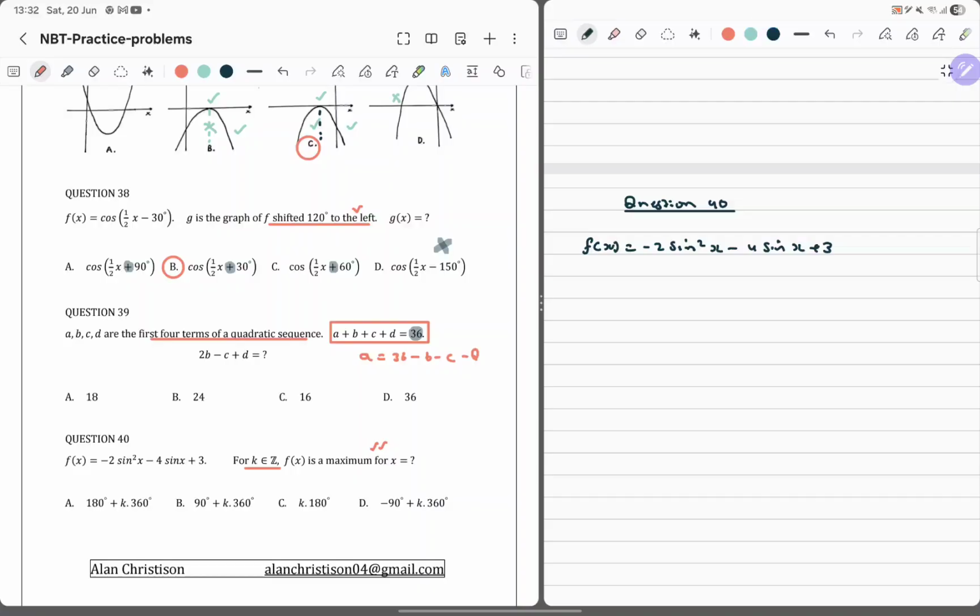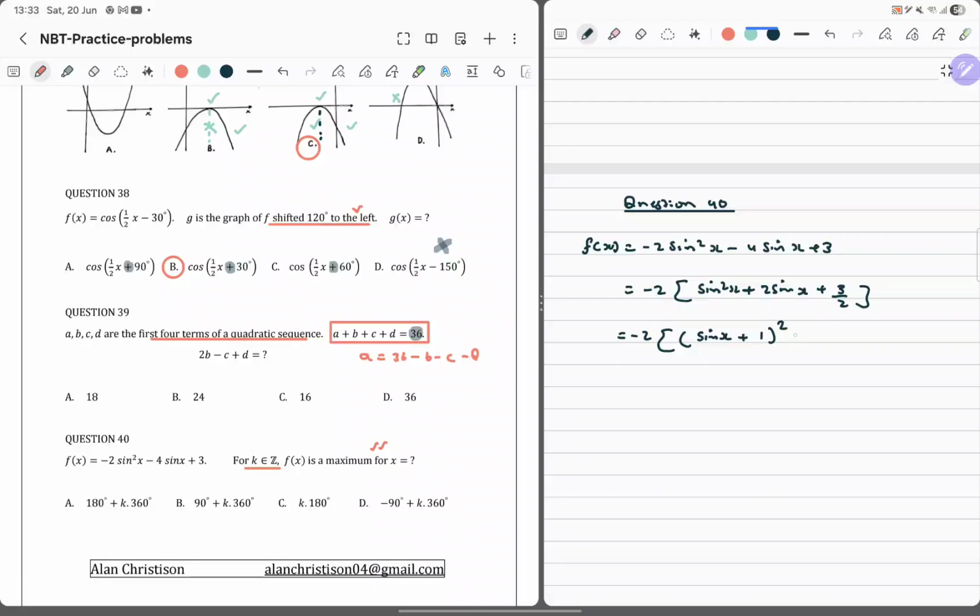f of x is going to be a maximum. I think let's complete the square here. I think that would be the best way. So we take minus 2, then we get sine squared x plus 2 sine x minus 3 over 2. Right, so we've got minus 2 into, we take what is under the square, sine x, the sign between them. Then we have this one, it's going to be just 1.